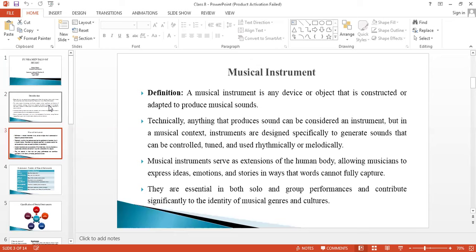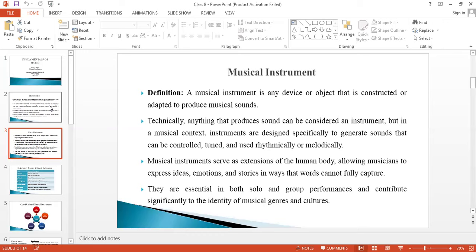But when we talk about it in the musical context, instruments that are designed specifically to generate sound that can be controlled, tuned, and used rhythmically or melodically is what we call musical instruments. I can just take a thing, and begin to use it to drum. No, that's not made for the purpose of drum. They are instruments that are designed specifically to generate sounds that can be controlled, tuned, and used rhythmically or melodically.